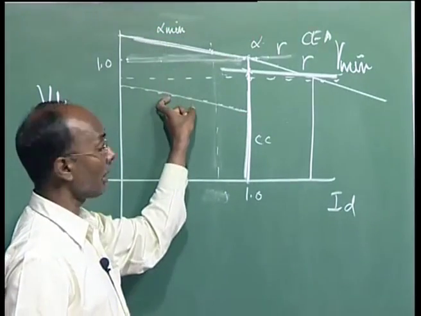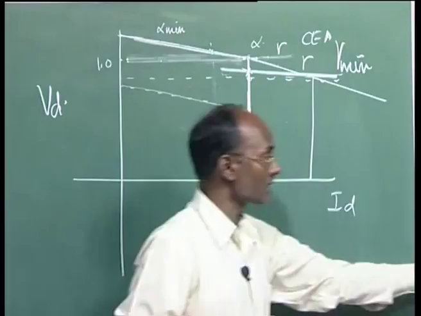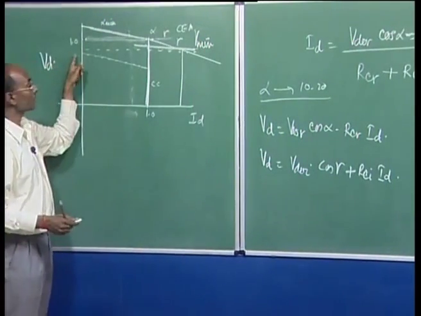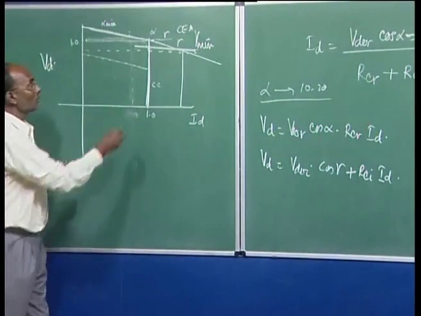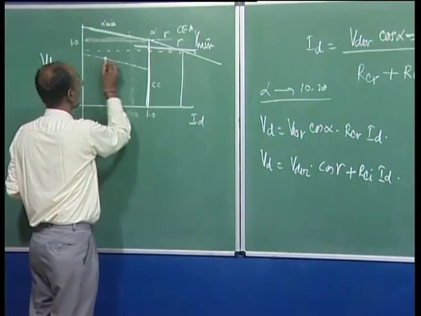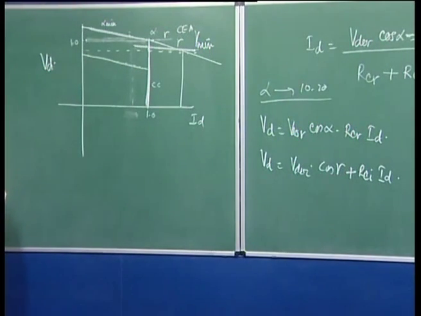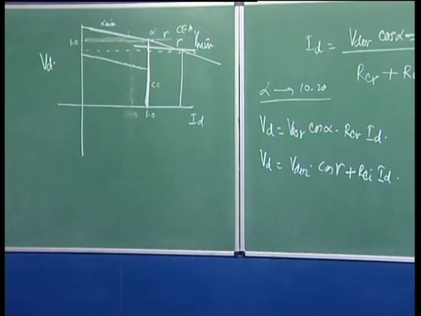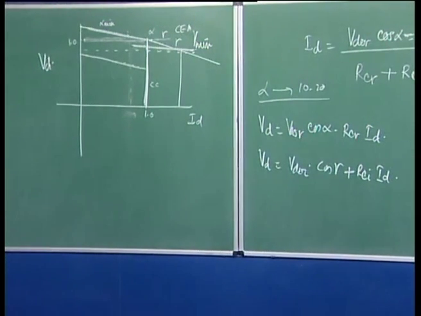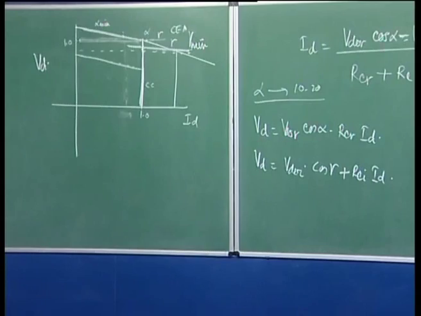The slope is the same, because only this constant is reduced, so we go here and the voltage is reduced. Now you can see you have one characteristic here and another characteristic here. Both are not intersecting each other, and what will happen? Your converter will run down and there will be no power in the DC link.